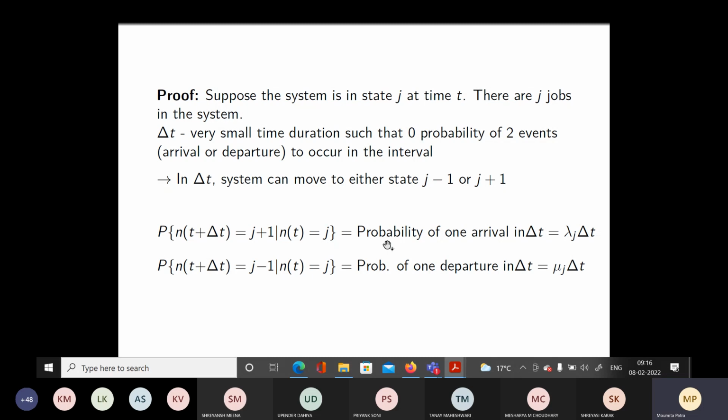That is equal to the probability of one arrival in time delta t, and that is given by lambda j times delta t. And if you have a departure, then the probability that within time t plus delta t you go to state j minus 1, given that you are currently at state j, is equal to the probability of one departure in time delta t, and that is given by mu j delta t. So this is the representation that we are looking at.